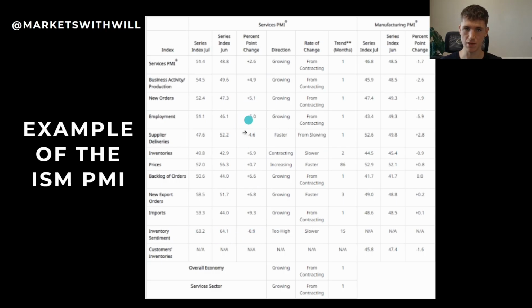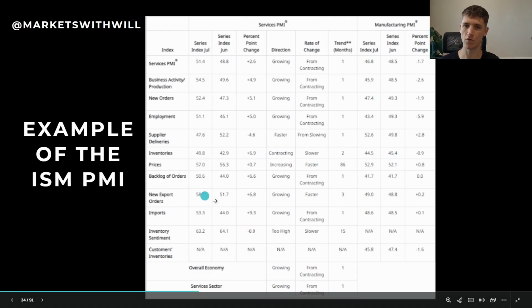And we can see the month over month change from previous releases. You can see plus 2.6%, which equals growing, plus 4.9% is growing, etc. Contracting, increasing. You get a pretty good understanding of where the economy is at overall just from this table alone. It's pretty easy to read.